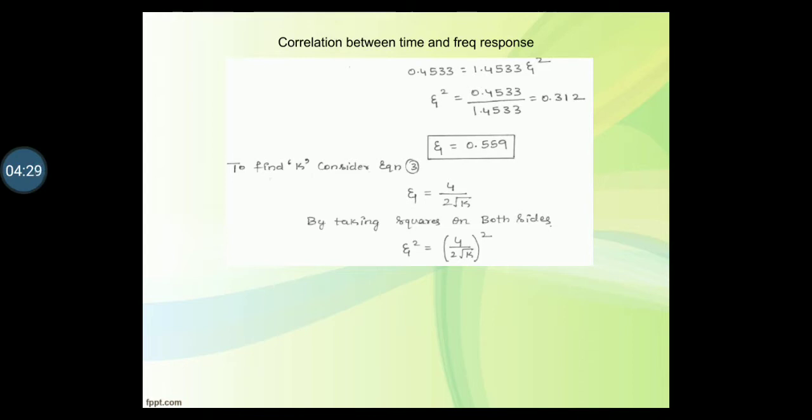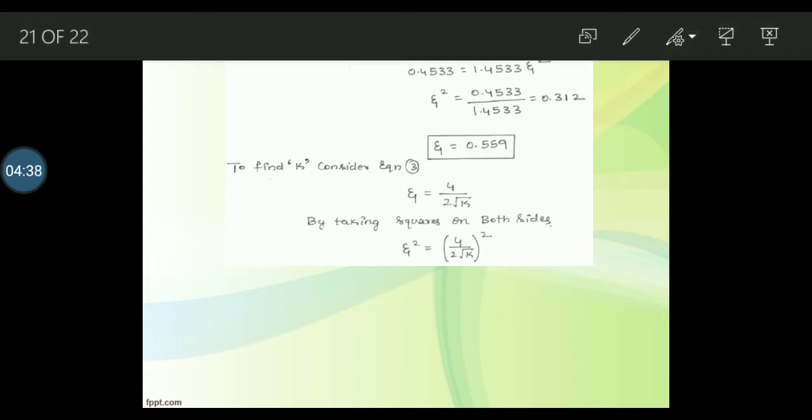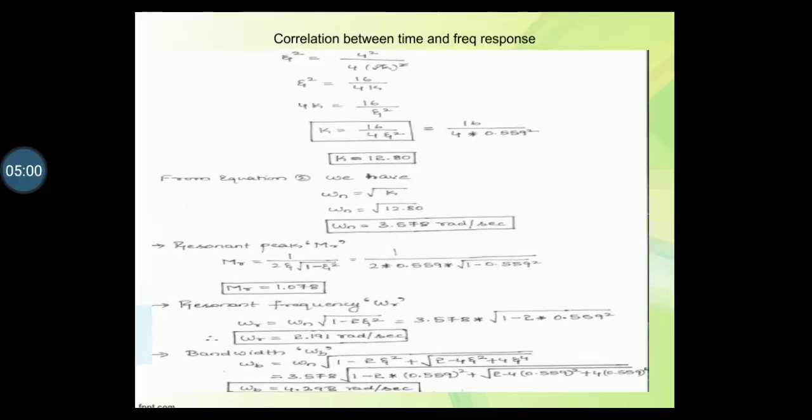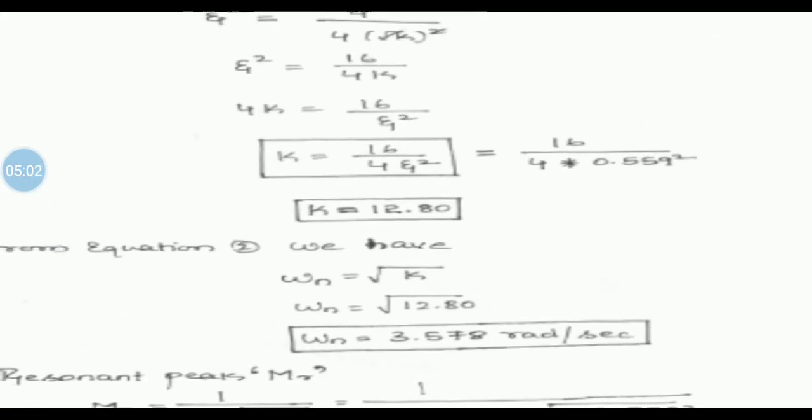To find K, we'll consider equation 3. Damping ratio is 4 divided by 2 root K. So taking squares on both sides, damping square is 4 by 2 root K whole square. Okay, so you understood how I got 1.4533: damping square plus 0.4533 damping square is nothing but 1.4533 damping square. So what we'll get?